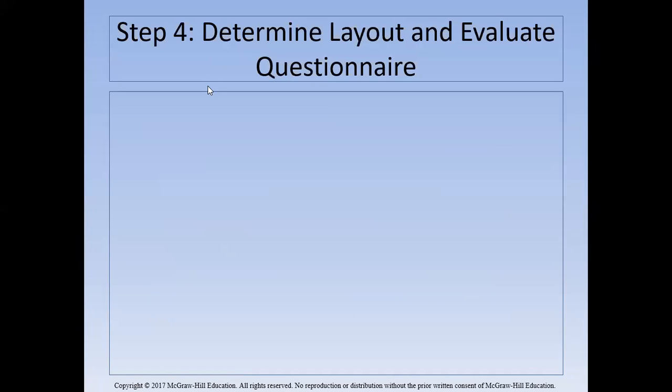So step 4 is determine the layout and evaluate the questionnaires. Please, these kind of questions, write to me. Don't interrupt the class, please. I will answer your emails for these questions.